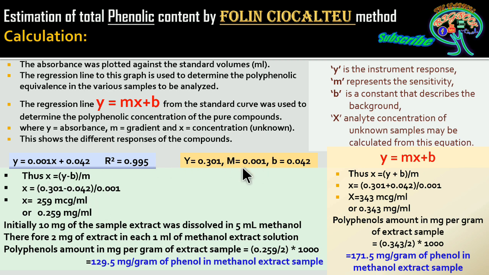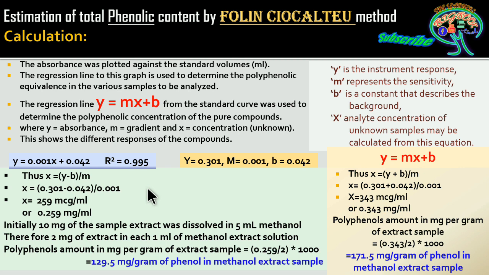Now when you subject all these values, you are going to get this particular amount of the phenol compounds, which is 259 microgram per ml, which is approximately equal to, or can be converted to, 0.259 milligram per ml.